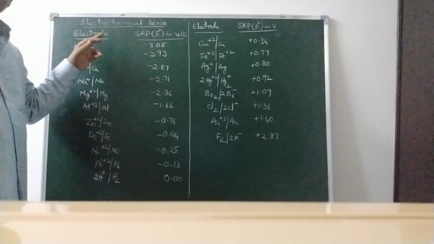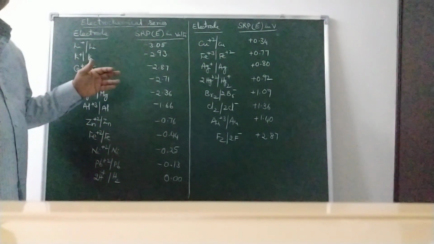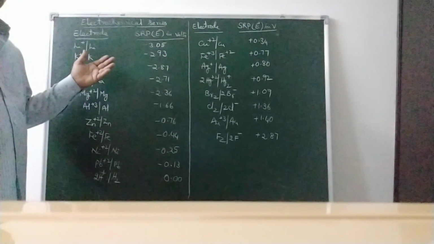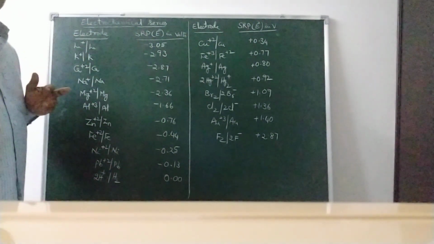So what is the electrochemical series? If electrodes are arranged in increasing or decreasing order of standard reduction potentials, it is called the electrochemical series.